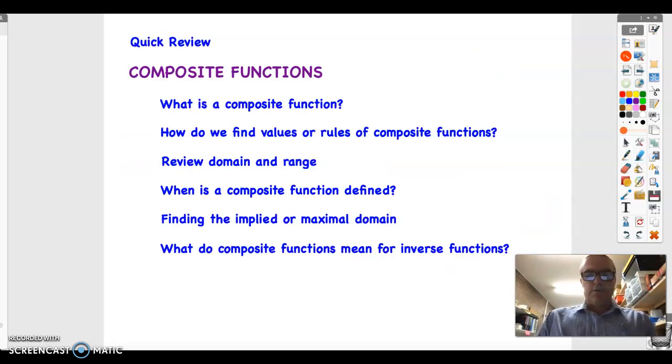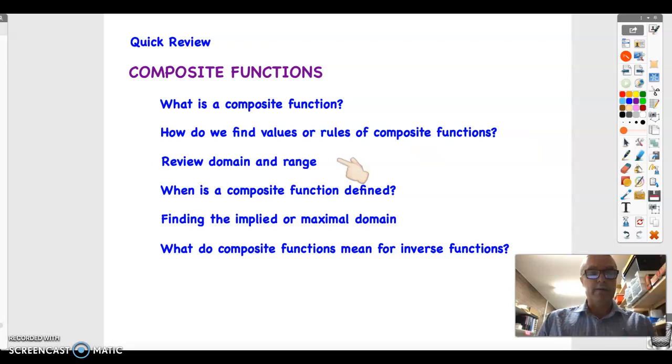So just to review what we've talked about in the two videos about composite functions, hopefully you have a good idea about what a composite function is using the analogy of the machines. We've seen how we compute outputs or expressions for composite functions.